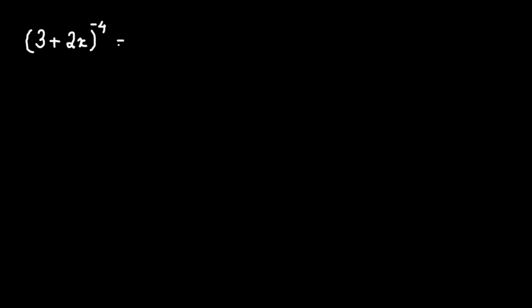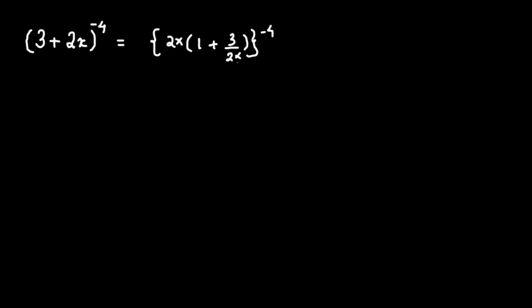So here we'll follow the same route, where we have to make one of the terms equal to 1. This time I'm going to factor out 2x. The reason will become evident in a moment. When we factor out 2x, I'll have (1 + 3/(2x)), and the whole thing is raised to the power of negative 4.